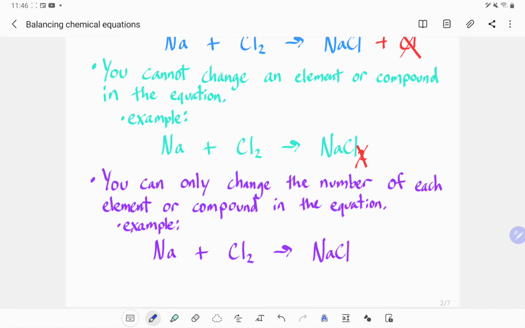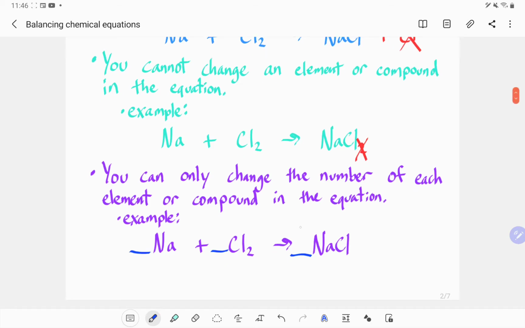But what we can do is change the number in front of each element or compound in the chemical equation. So I can add a number right here, I can add a number right here, or I can add a number right here. Those are my three options on how to balance the equations, adding numbers in those three spaces. That's the only thing that I can do here. So let's keep that in mind as we move forward to some examples.